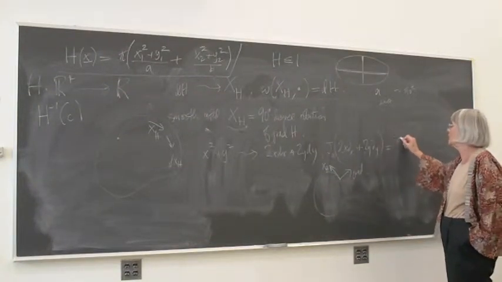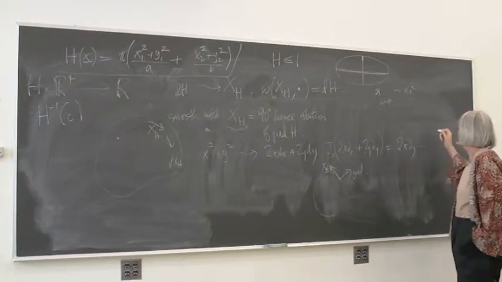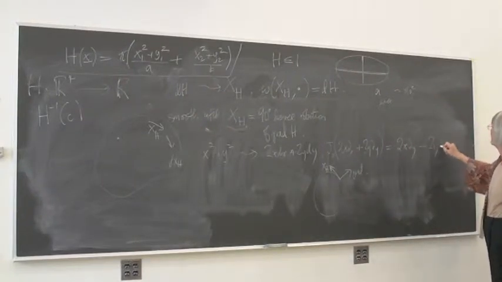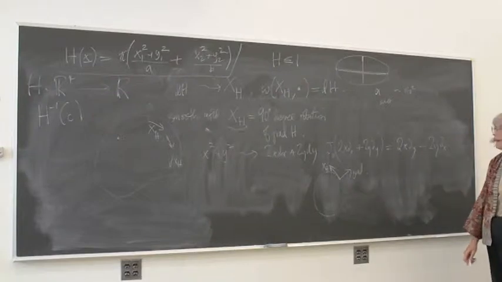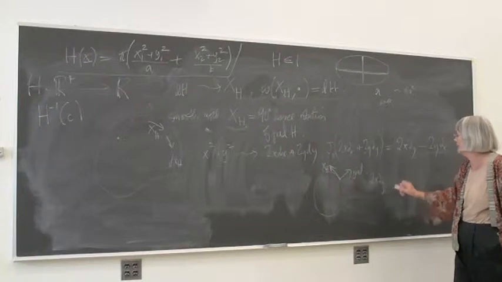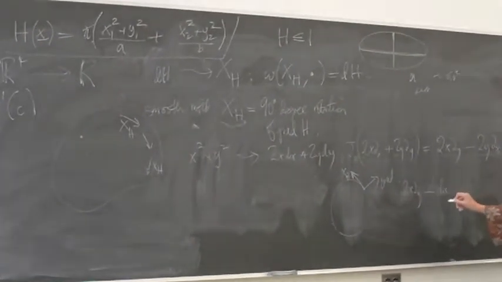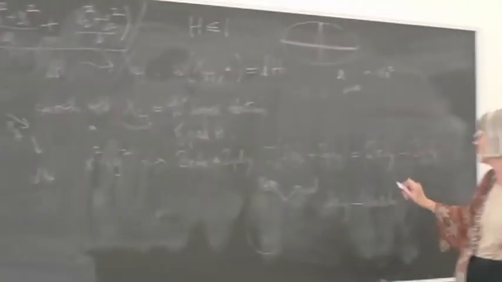It's going to be 2x dy plus minus 2y dx. And if you want to see that that's the right thing, you take this vector and see what it does when you plug it in, evaluating it on dx dy.